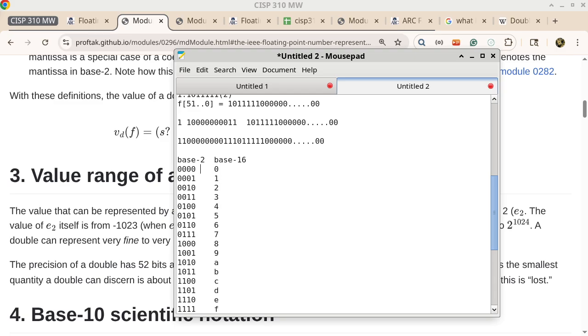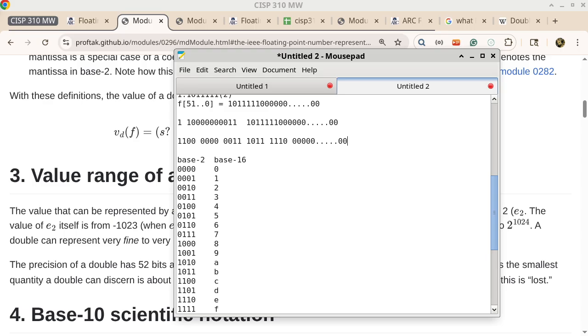The way of converting from base 2 to base 16 is really easy. You chop the base 2 number into chunks of 4, and then you look up the table. So we just have to break it here, here, here, here, and the rest are all zeros, so I don't really need to break them.